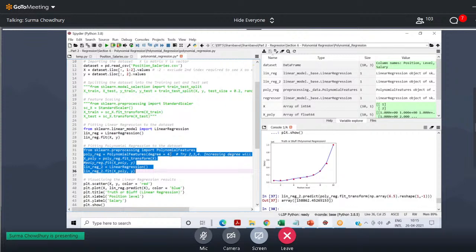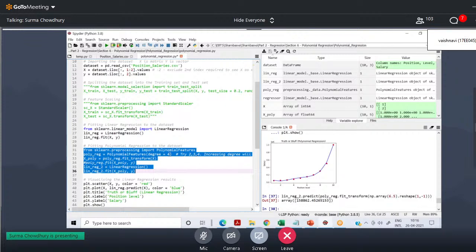Whether it is x square, I should take x cube, or I should take x raised to 4 or x raised to 5, right? So what degree should I take? To decide the degree, there is one parameter called degree equal to 4. Degree equal to 4 means x raised to 4. So I have to vary these to see at which power of x I get an accurate result.